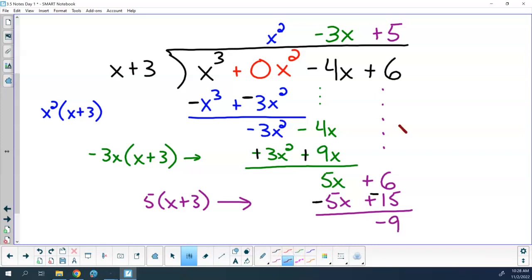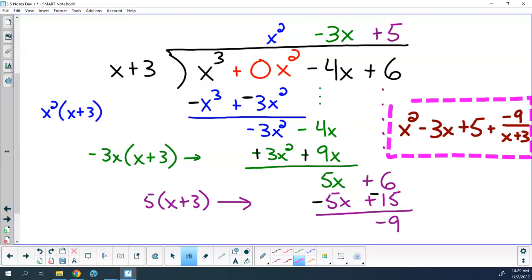I got x squared minus 3x plus 5 plus negative 9 over x plus 3. Questions, comments, concerns? All right.